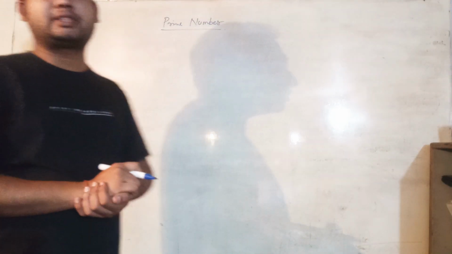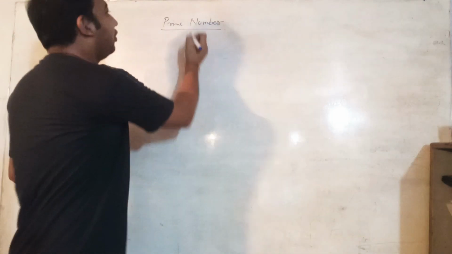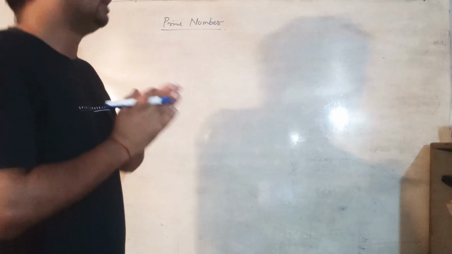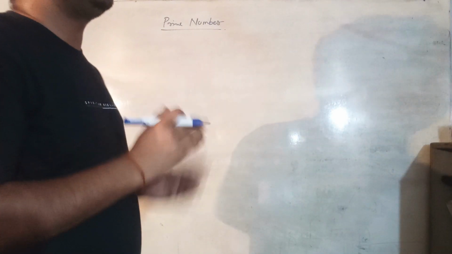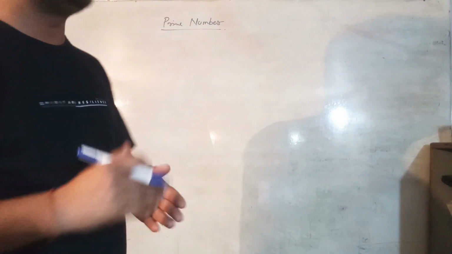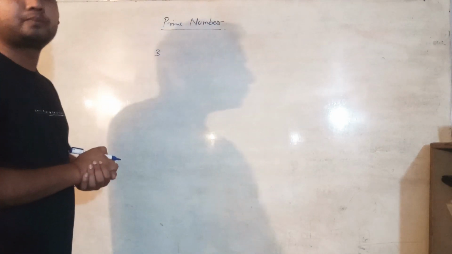Students, before discussing this program, I would like to tell you what prime numbers are. Prime numbers are those numbers which are divisible only by 1 or by itself, like 3 is a prime number.